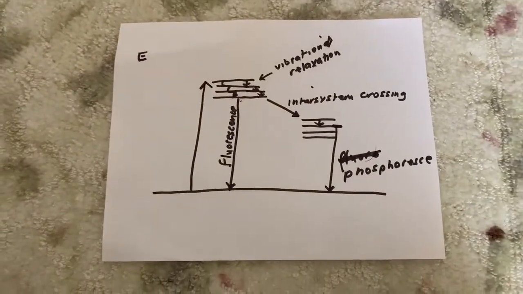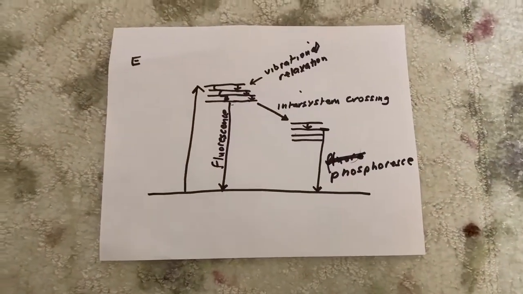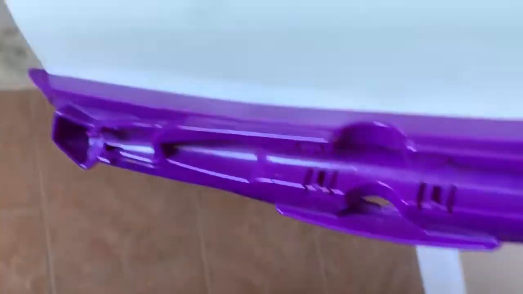So the reason I'm doing this video is I observed something very strange in my last video. Okay, I have this sheet of phosphorescent material, and if I shine a UV laser on it, it glows brightly. Now when you look at this in regular light, there's actually a black mark there.